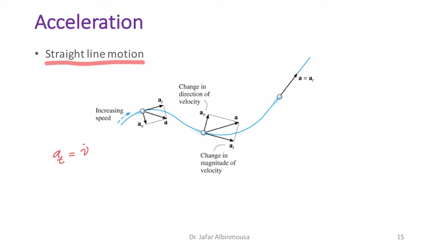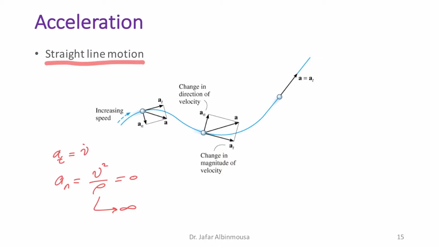But since this is a straight line motion, then an, which is equal to v square over rho, is going to be 0. The reason is that for a straight line, rho, which is the radius of curvature, goes to infinity. So you are dividing the velocity over a big infinite number, and this is why the normal acceleration goes to 0. And it is represented over here.